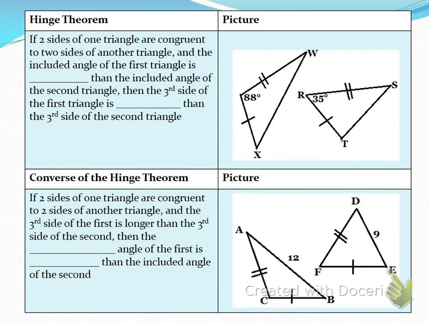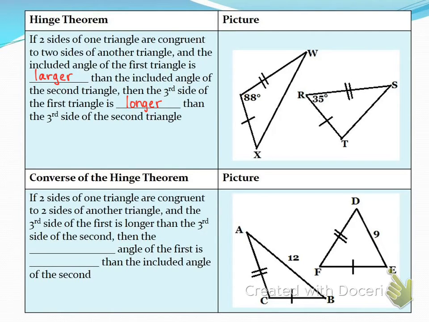The included angle of the first triangle is larger than the included angle of the second, meaning 88 is bigger than 35. I think we can all agree on that. Then the third side of the first triangle is going to be longer than the third side of the second triangle.